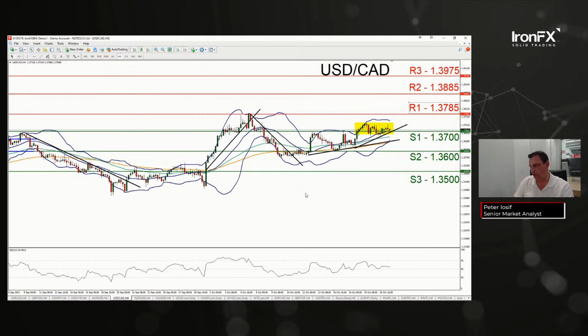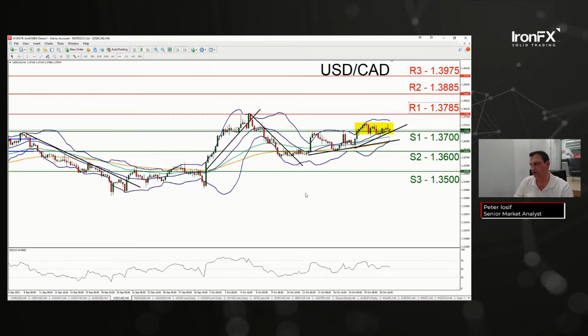Now, what will be stronger? On the one hand, we see higher peaks and higher troughs being formed, but there is a failure to mark higher peaks. In my opinion, this is an indication of a sideways motion. And I wouldn't be surprised to see the price action continuing to revolve around the S1.